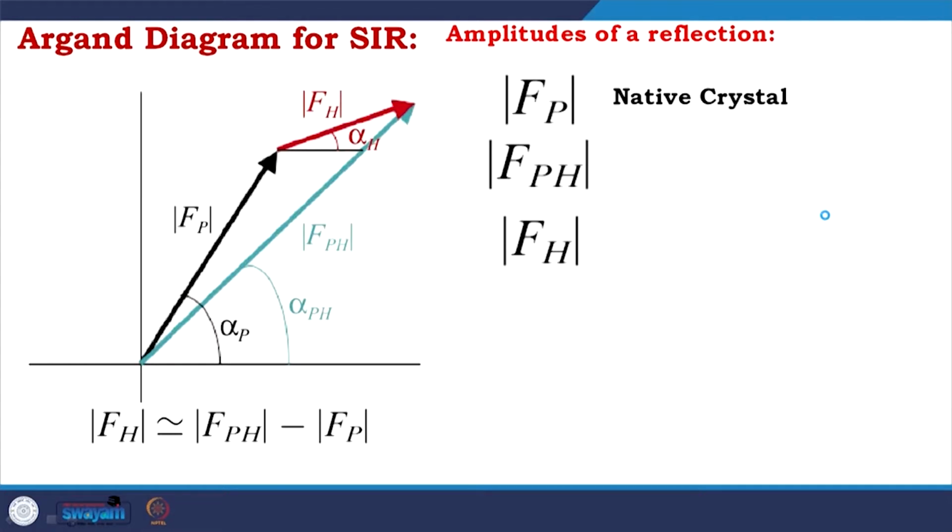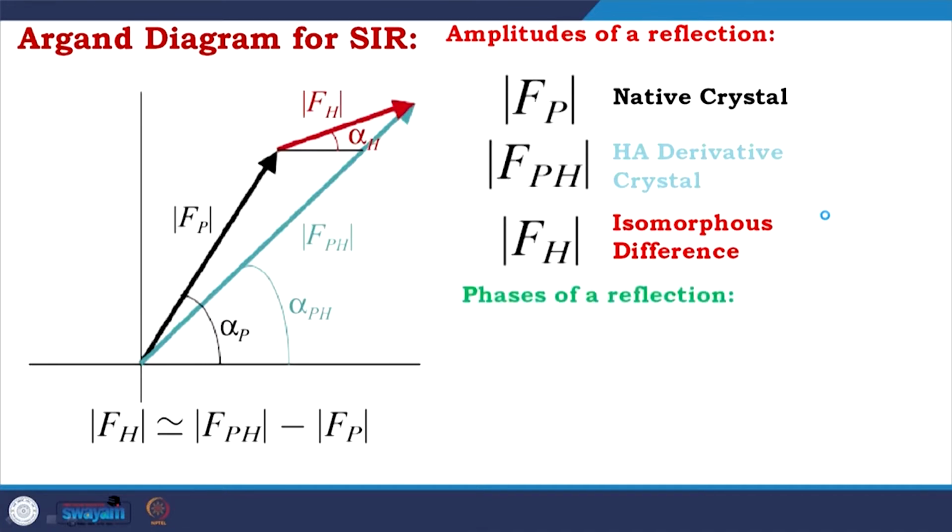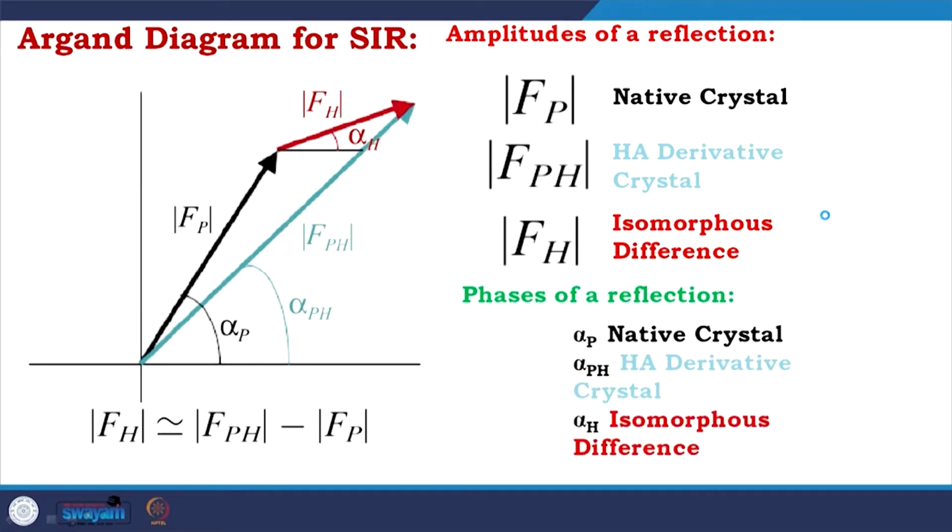So, Fp is the native protein crystal, Fph is the heavy atom derivative crystal, and Fh is the isomorphous difference, the difference between the heavy atom derivative crystal and the native crystal. Similarly, for the phases, alpha p comes from the native crystal, alpha ph from the heavy atom derivative crystal, and alpha h from the isomorphous difference.